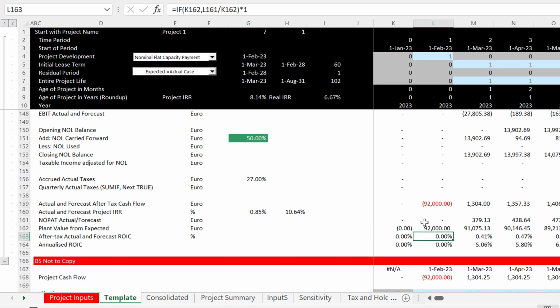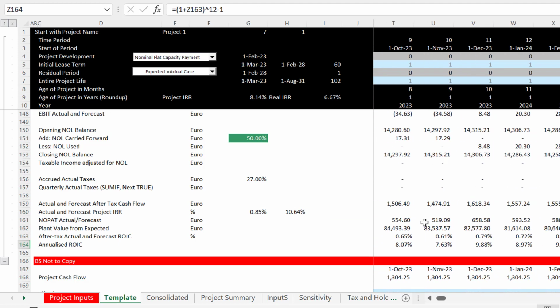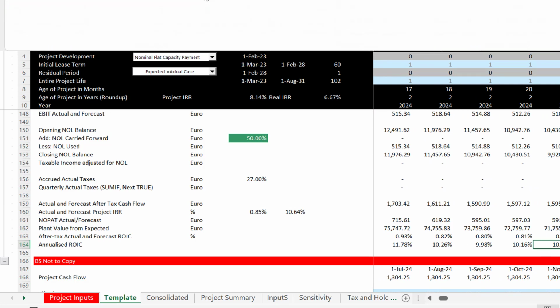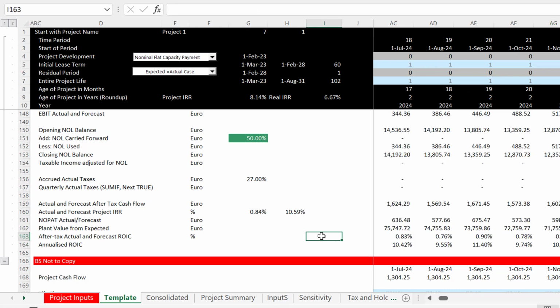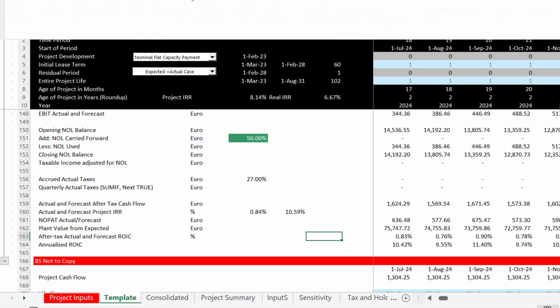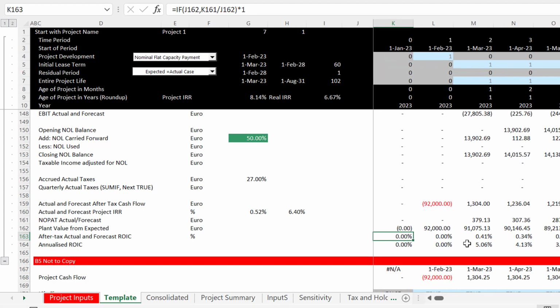And what you can do now is see period by period what the ROIC is. If I recalculate now, I still get about the same, and if I recalculate again, I get a lower IRR. This time you can use the economic depreciation and get the ROIC, exactly the same as we did before.